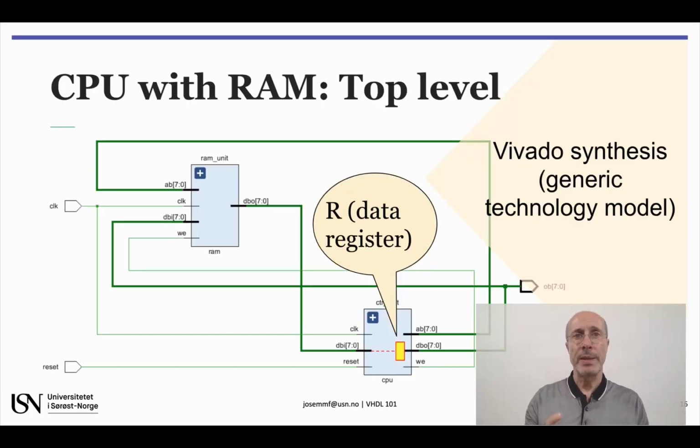After successful synthesis of the top-level description, Vivado creates the generic technology representation shown in this slide. Notice that in this case we have two buses between the CPU and the memory, since the read and write operations were made possible by a dual-port data memory block.